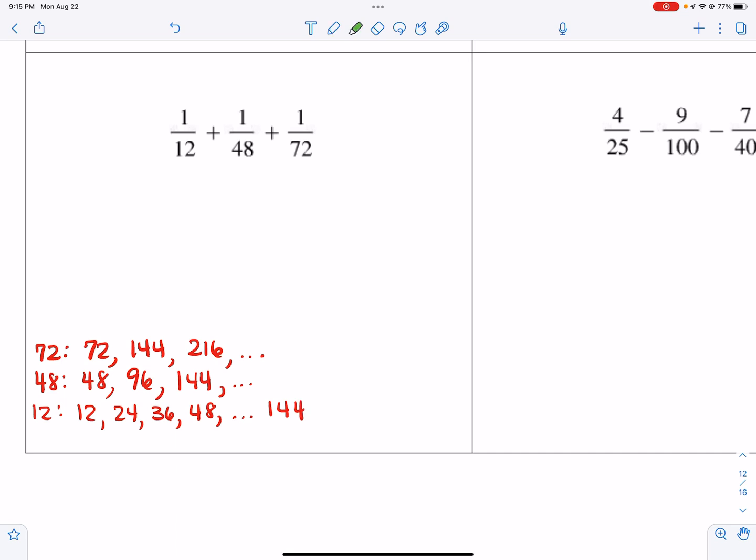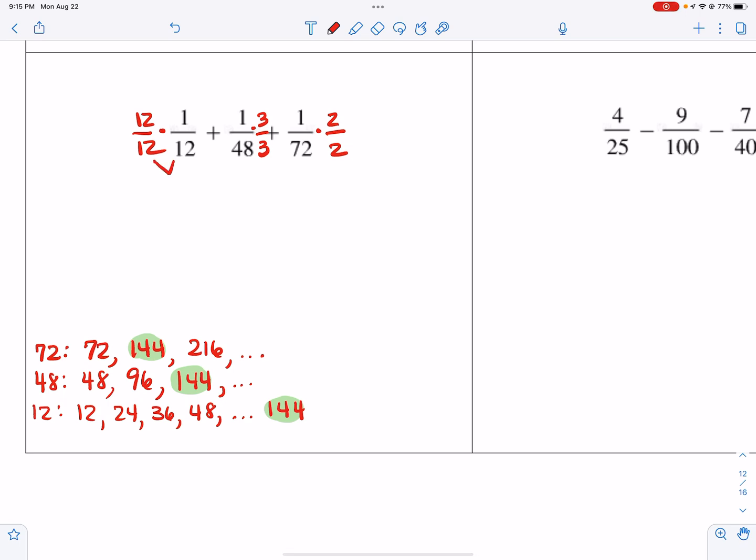So my least common denominator is going to be 144. So I have to turn all 3 of these fractions into 144s. Hopefully you know that 12 times 12 is 144, 48 times 3 is 144, and 72 times 2 is 144.